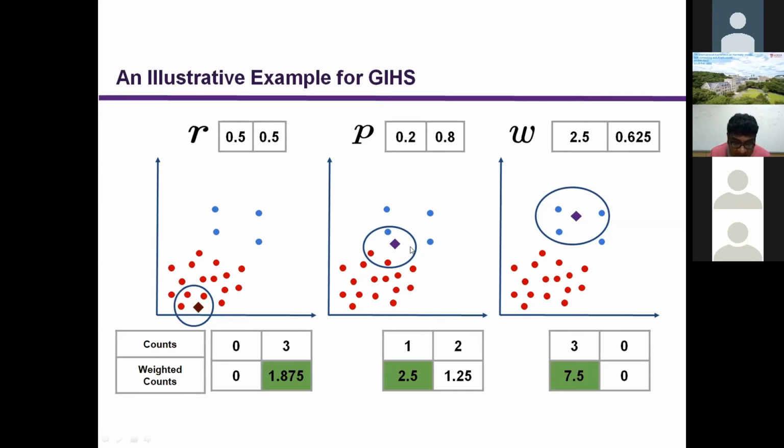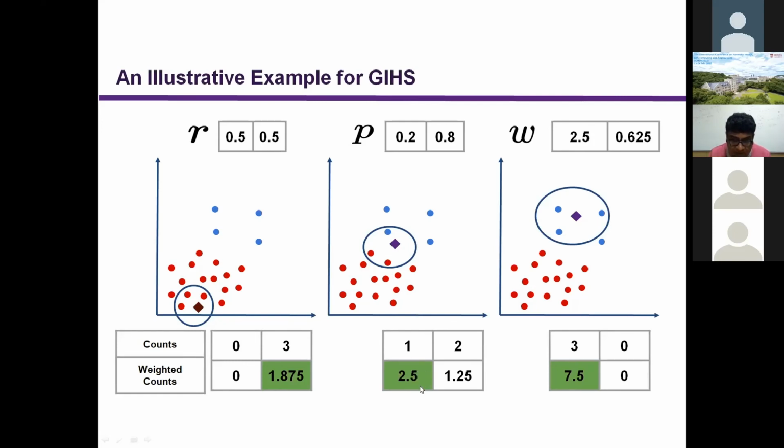So in this version of KNN, we modify the counts of neighbors from different classes by multiplying them with these weights. When we multiply, we see the revised count of neighbors from the blue class is more. So in this revised KNN, this point will be tagged as belonging to the blue class.